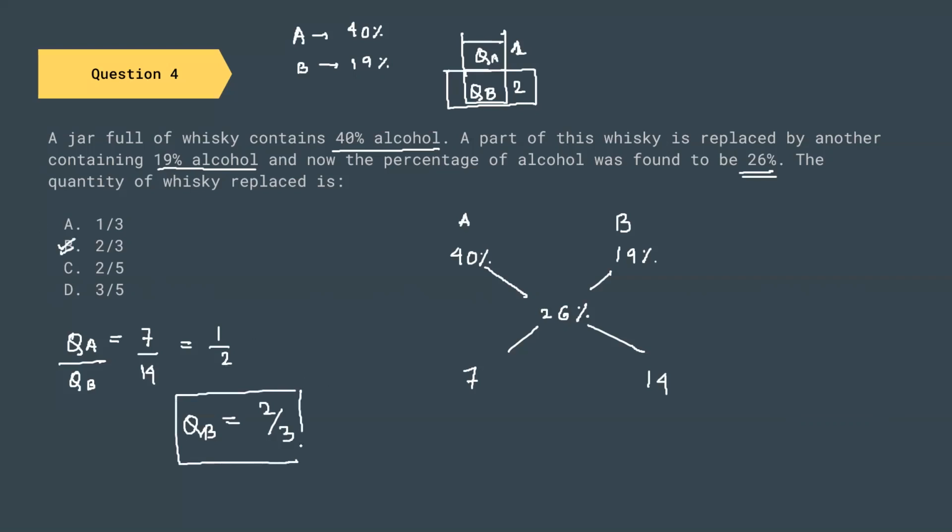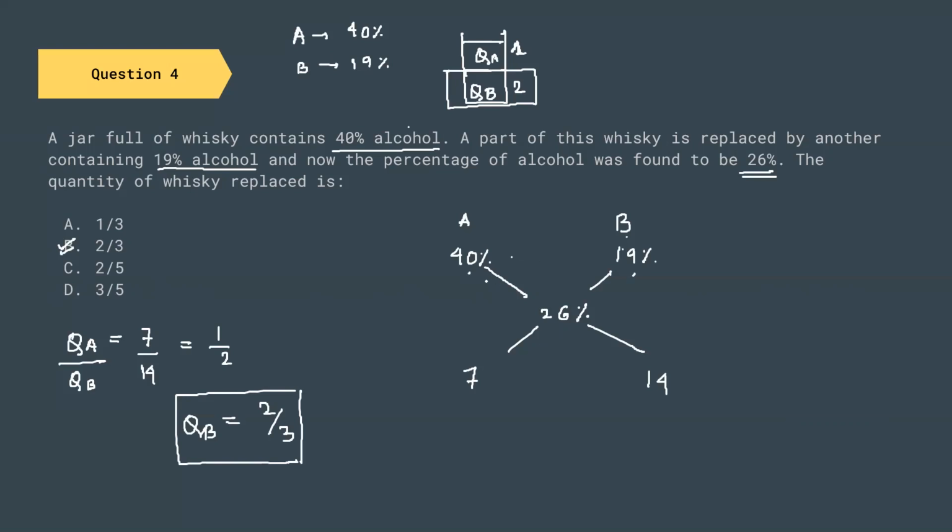Understood? So now let us go through this question once. We have a jar full of whiskey containing 40% alcohol. So the first type of quality of alcohol is 40% alcohol. Second type of quality of alcohol is 19% alcohol. They are mixed with each other to get a whiskey containing 26% alcohol.